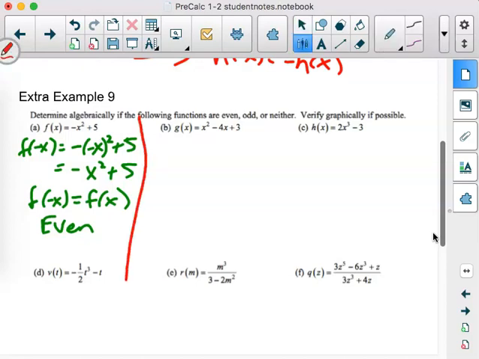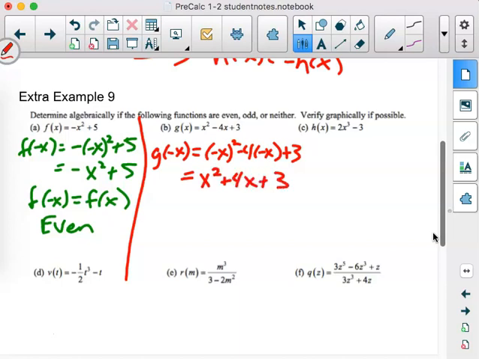Go to B. Plug in a negative x. See what happens. Negative x squared minus 4 times negative x plus 3. All right, well, when you square it, it's just going to become x squared. But negative 4 times negative x is plus 4x plus 3.